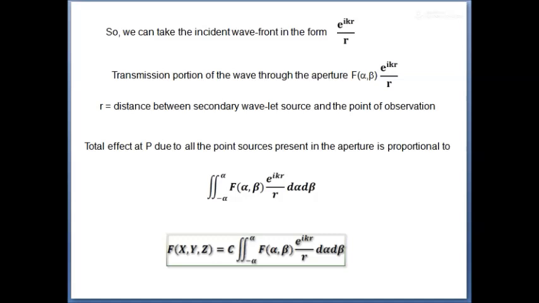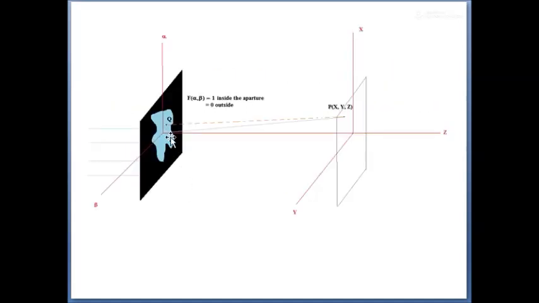Now consider that this point Q is going to generate a secondary spherical wavelet. That secondary wavelet generated by the point Q is going to the point P to generate the cumulative effect of diffraction.